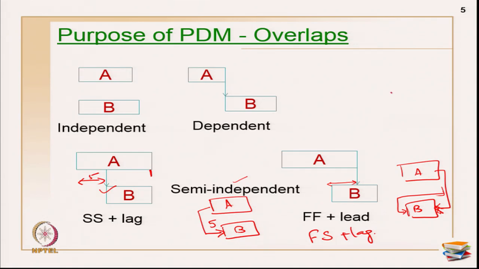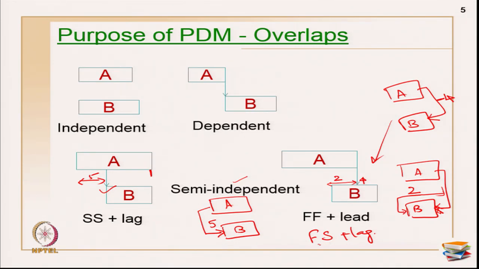Or I can have the same activity A and activity B, and I can put a finish relationship but show a lead, so minus some number, maybe 4, and here I am representing maybe 2. So this can be 2 and this can be 4. Before 4 days of B's completion, activity A has to be completed. That is the meaning of this, and after my start relationship, 2 days after, I can start my B.